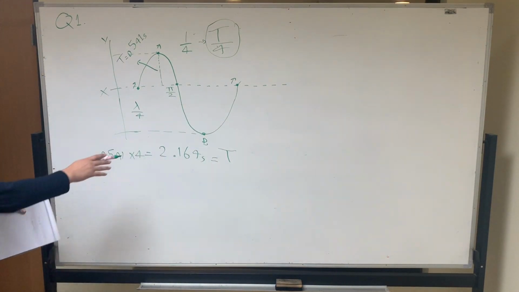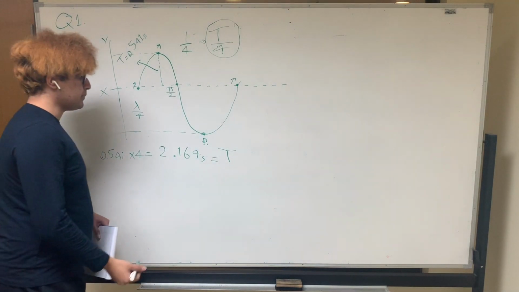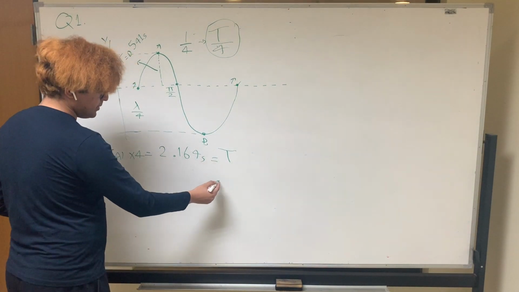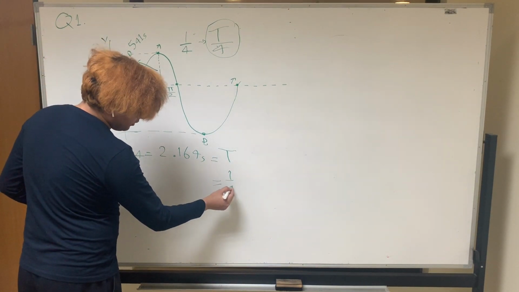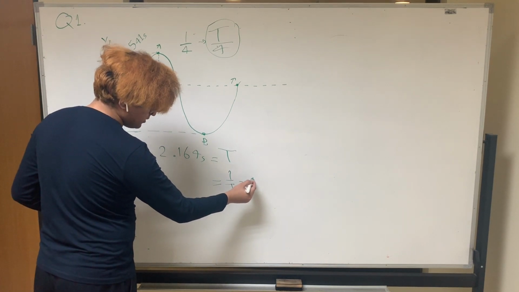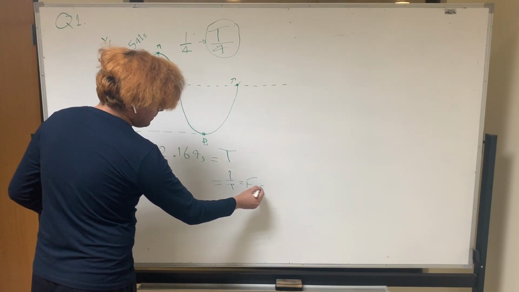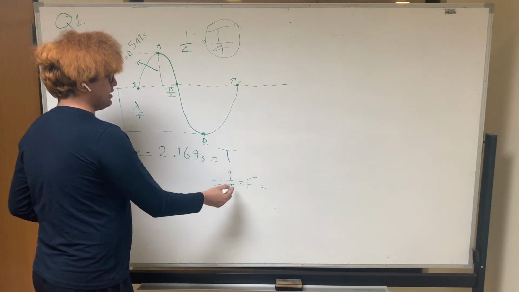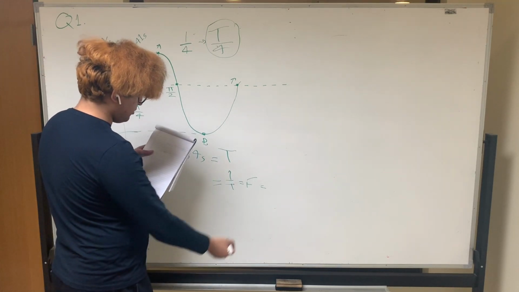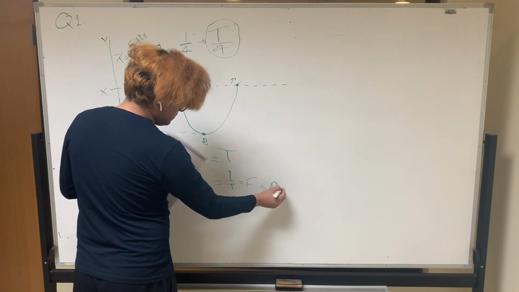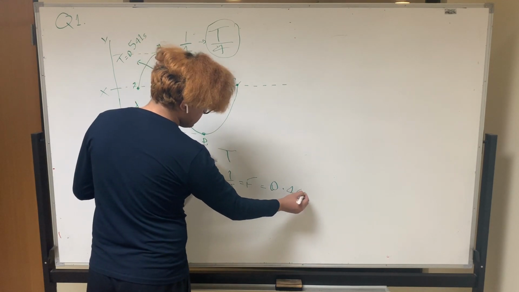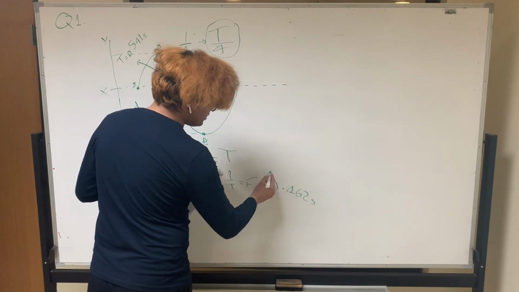Once we have found the period, all we need to do is take the reciprocal of the period, which is 1 over T, which is equivalent to the frequency. Plug this number into your calculator and you'll get 0.462 hertz, and that's your answer.